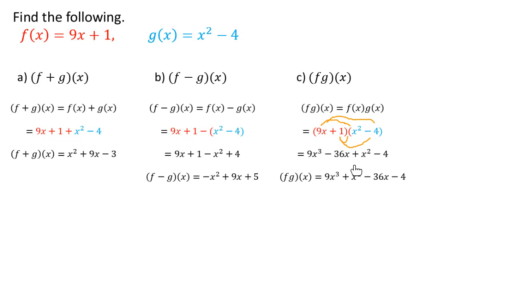Then I look for anything that has an x. I only have one element that has an x, which is negative 36x. And my last element is my constant, which is just a negative 4. So the function f times g is going to result in 9x cubed plus x squared minus 36x minus 4. Any questions?